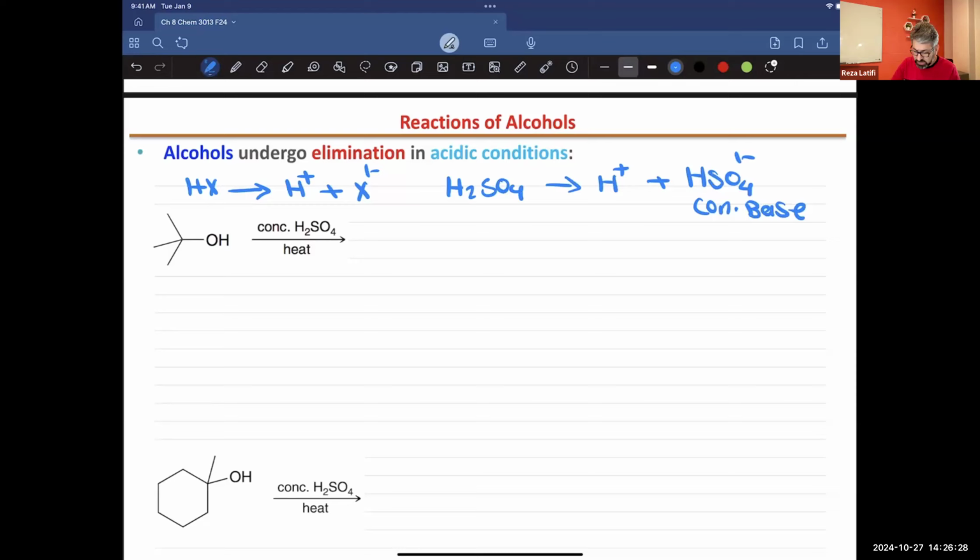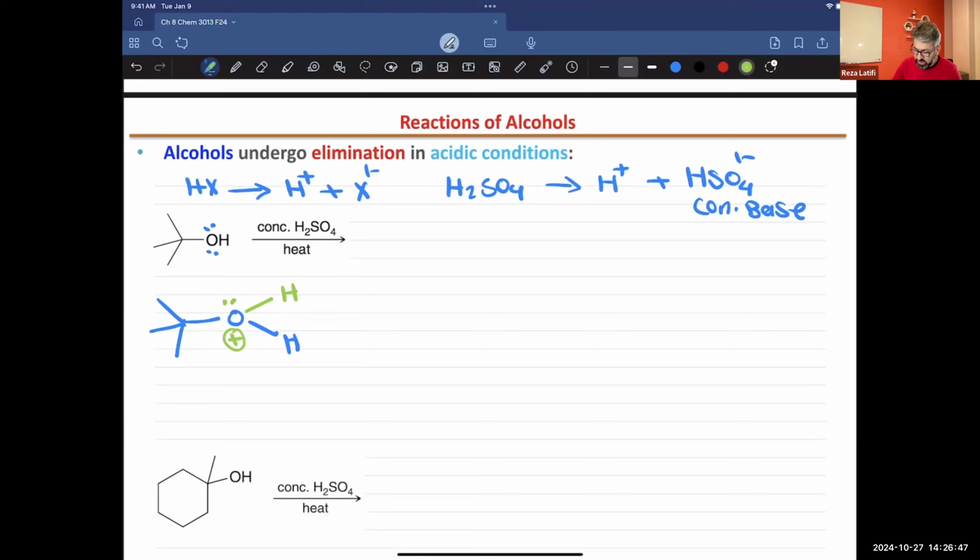Okay. Now, the first step of this reaction: oxygen that has two lone pairs very soon is going to get one H from the acidic solution, and it will turn to a species with a positive charge.